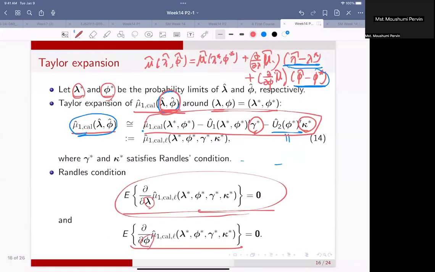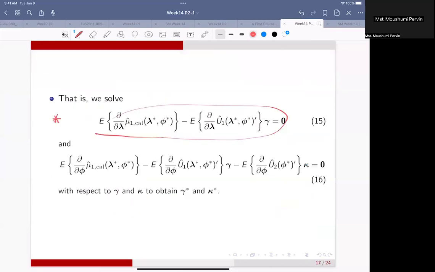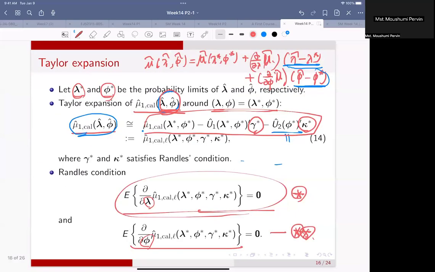So this is star and double star. So this is the star. And this is double star. Okay. Good news is that this one is independent of lambda. The second equation.